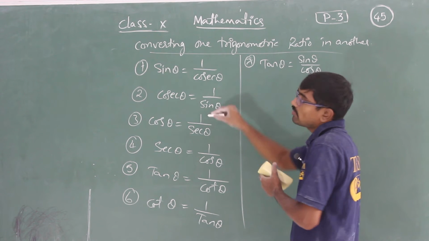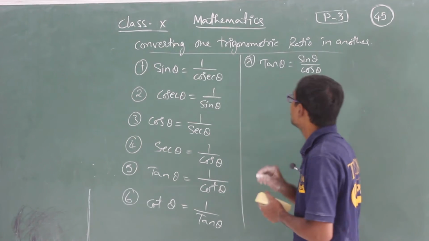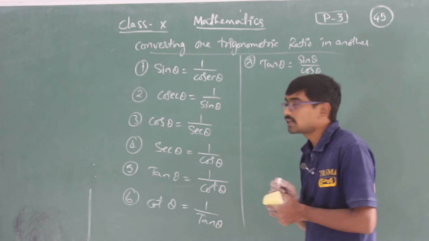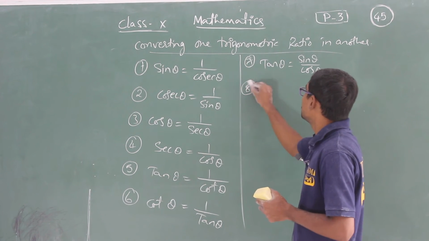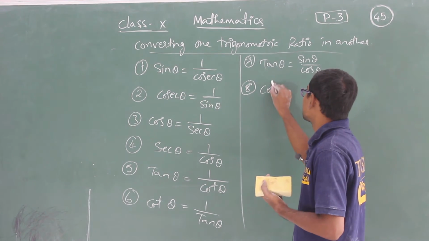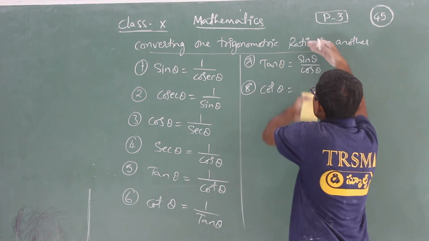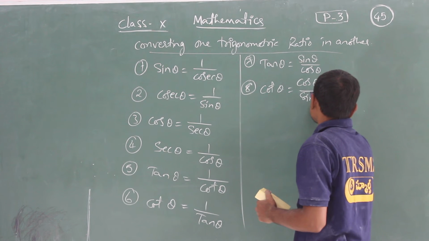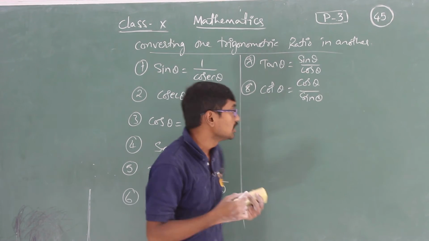Why? Just now we have simplified it. Okay, we have just converted into ratios and we have equated left hand side with right hand side. Similarly reciprocal of tan is cot, so cot can also be written in the form of reciprocal of tan, that is cos theta divided by sine theta, reciprocal of tan.